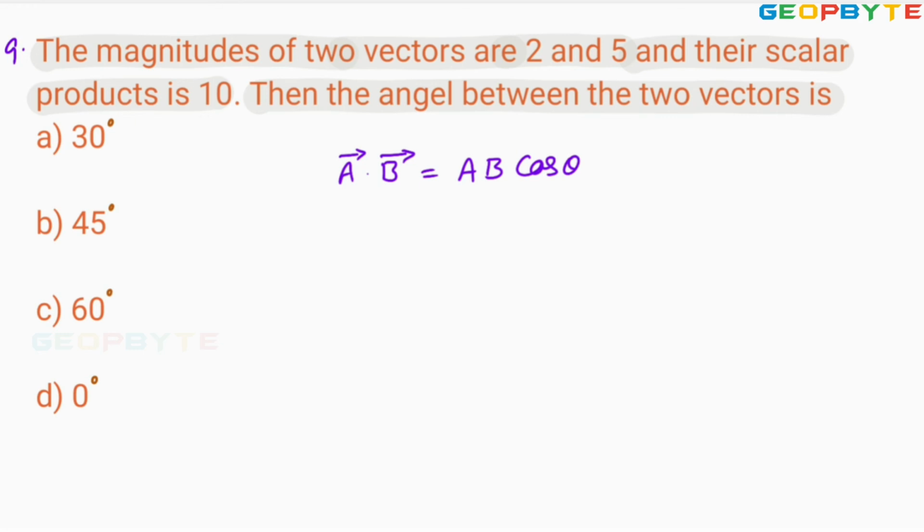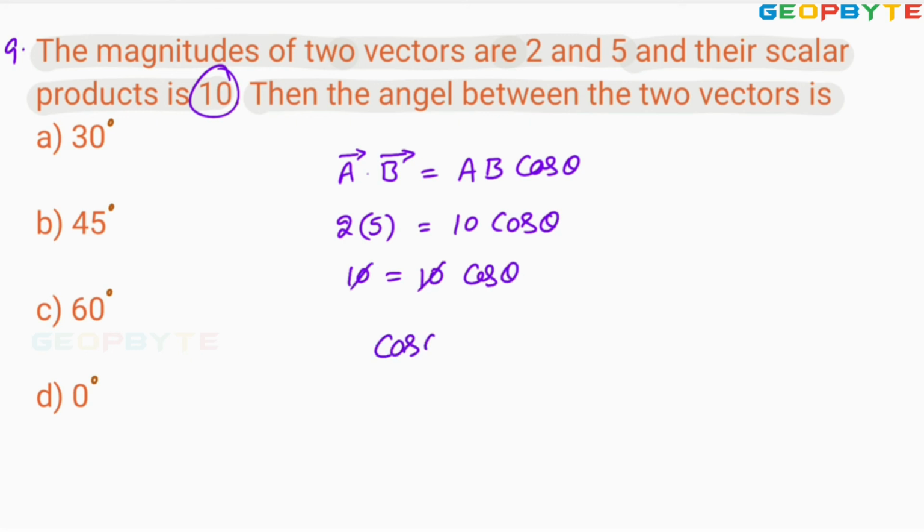Almost a similar problem we have done. Vector A is given 2, vector B is 5. The product of two vector quantities is a scalar quantity, given 10. AB equal to 10 into cos theta. 10 equal to 10 cos theta. 10 cancelled. Cos theta equal to 1.